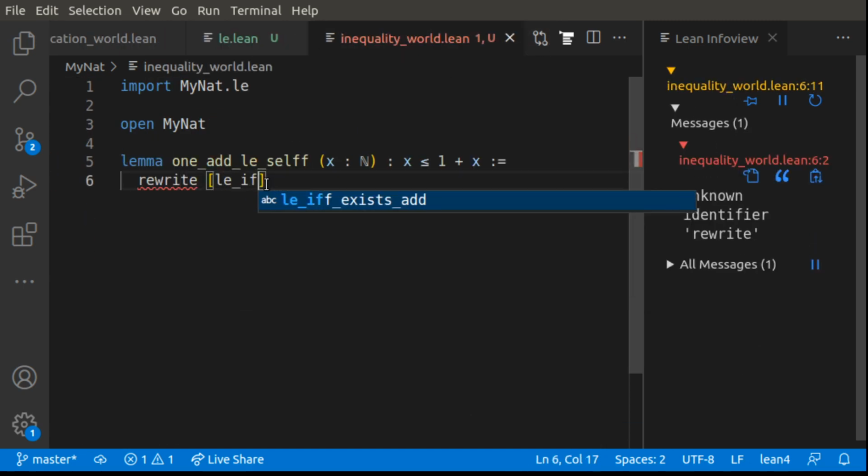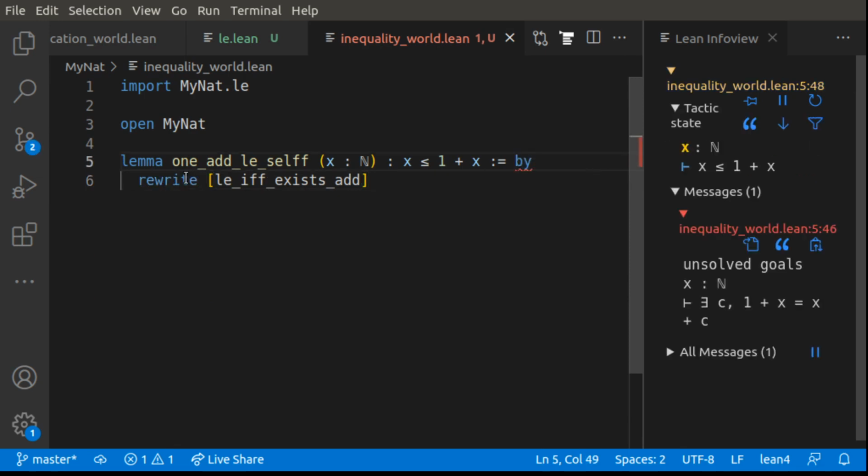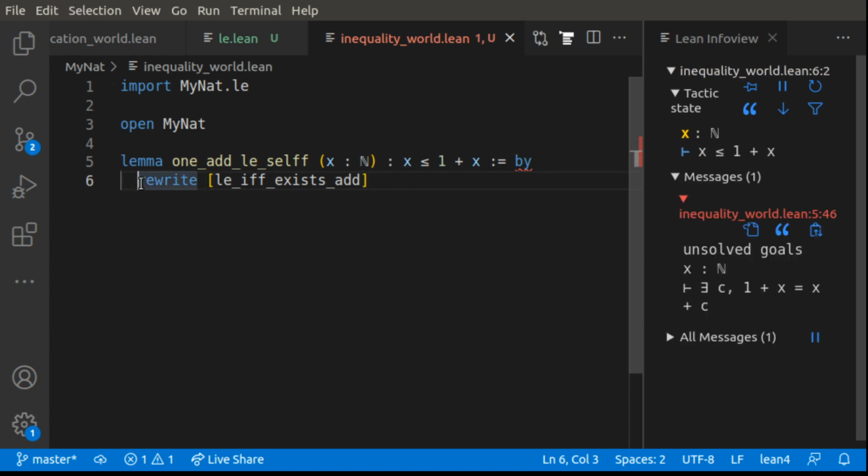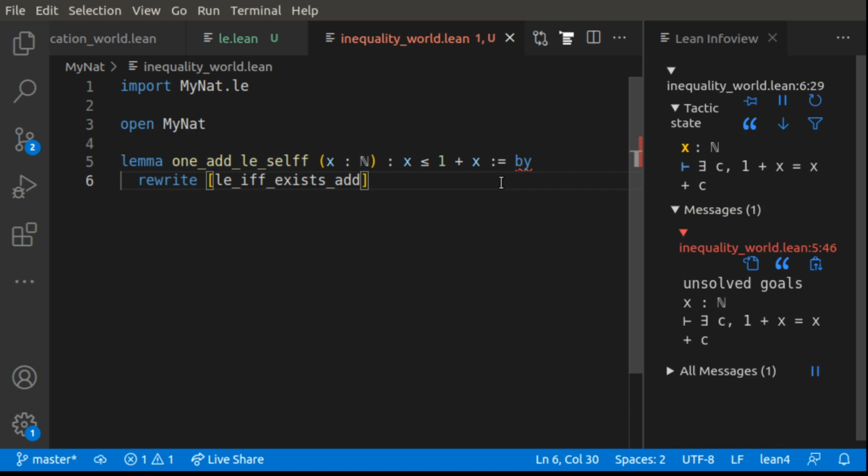Well, we have our LE if exists add. So we're in tactic mode. Before we had this as our goal, and now with rewriting we directly turn it into: there exists a c such that 1 plus x equals x plus c. Clearly the statement is true. Yes, there does exist a c such that 1 plus x equals x plus c with c equals 1.